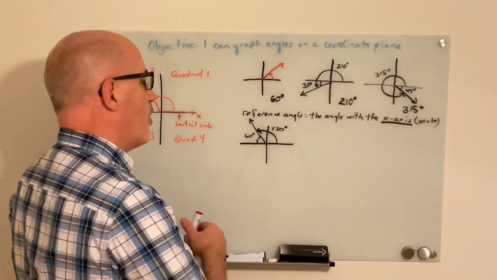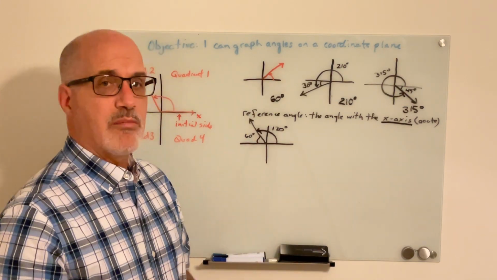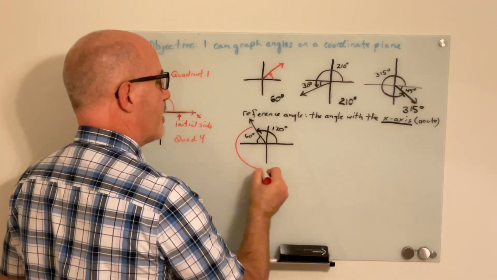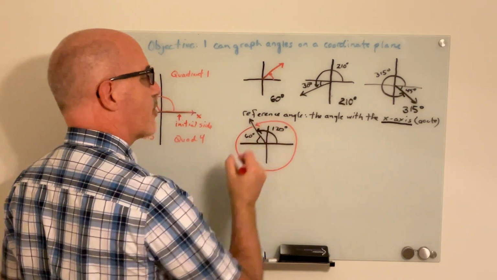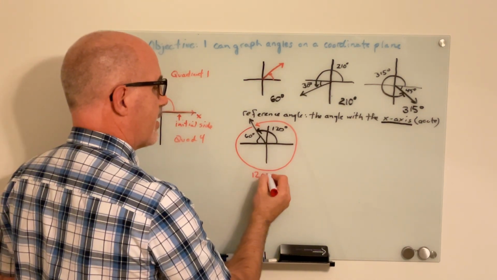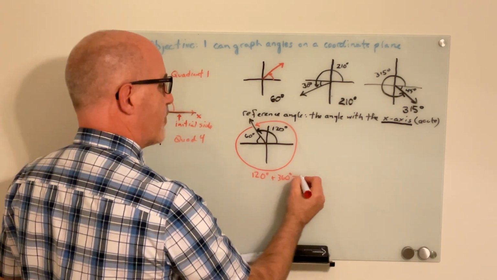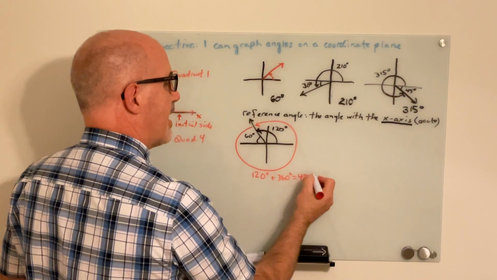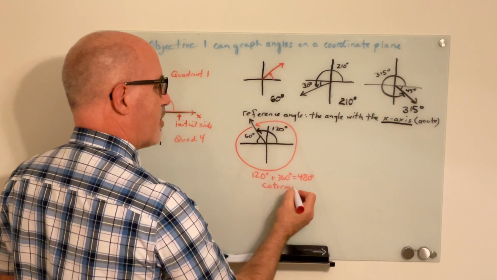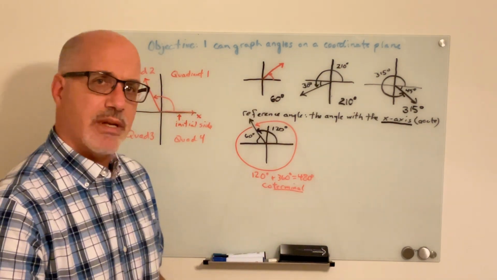All right, now what if I wanted to find another angle that ended at the same place that one did? What I can do is I can add a whole 360 onto it to get a full circle around. And so an angle of 120 plus 360 is going to equal, in this case, 480 degrees. That's called coterminal. Coterminal means that it ends in the same place that the other one did.